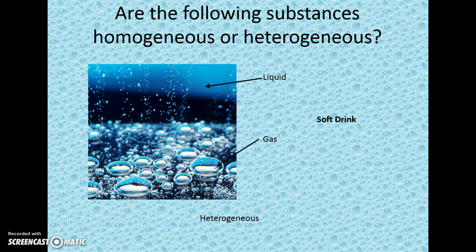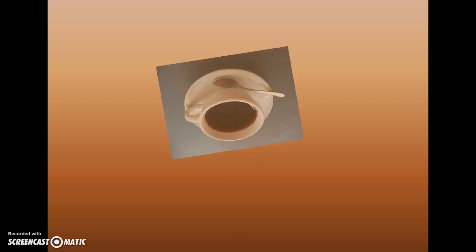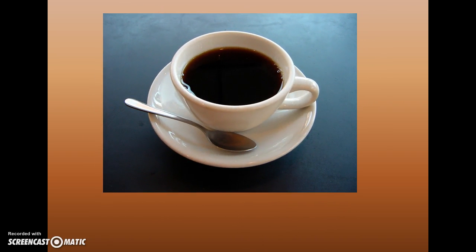Heterogeneous, that's correct. Cup of coffee. What do you see? That is homogeneous, that's correct. Homogeneous because you only really see one phase. But in there we know there's a mixture of water, coffee grains, perhaps sugar.